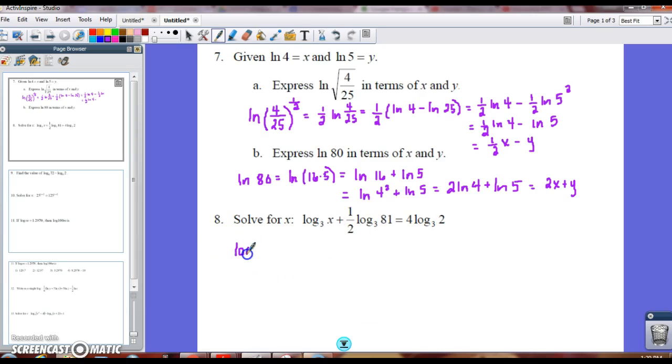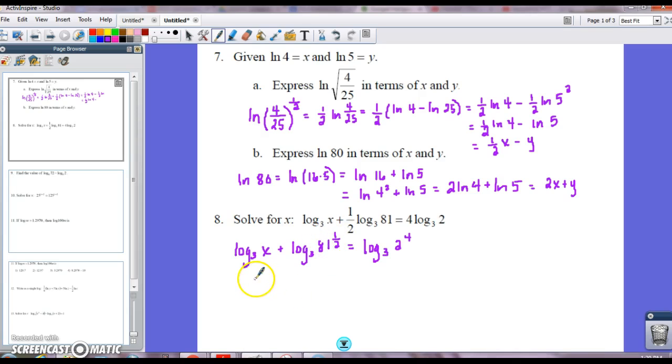So I have log base 3 of x plus log base 3 of 81 to the 1/2 power is equal to log base 3 of 2 to the 4th. I undid the power rule there as well. Okay. Now I can undo my product rule. Keep in mind here that 81 to the 1/2 power is just the square root of 81, so I can actually rewrite that.